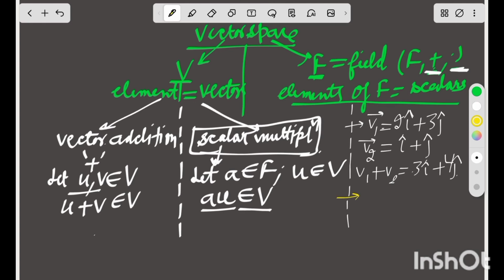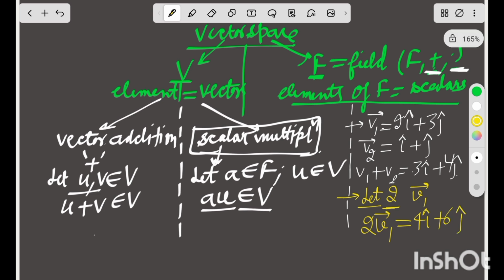Next, let 2 be any scalar, and we are given the vector v1. If we multiply 2 with the vector v1, we get 4i plus 6j cap, which is a vector.